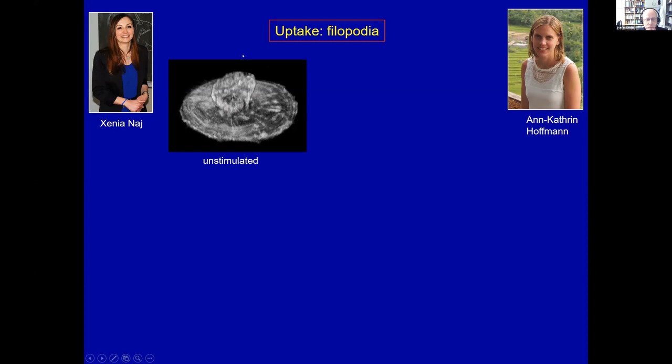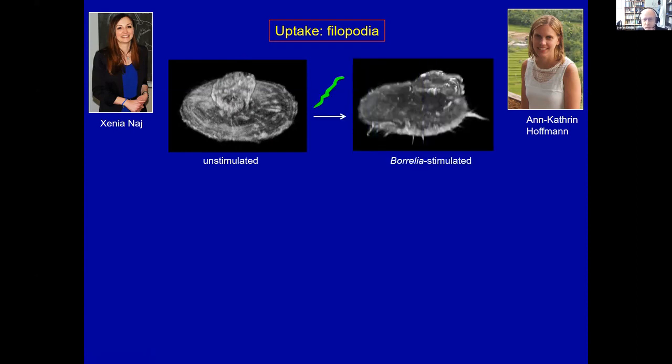And once an evil researcher adds Borrelia to the petri dish, this cell gets a shock and it responds. And what it responds with are these longitudinal protrusions called filopodia.